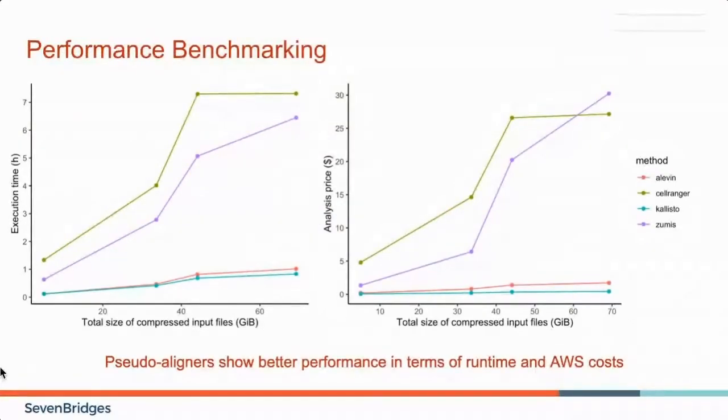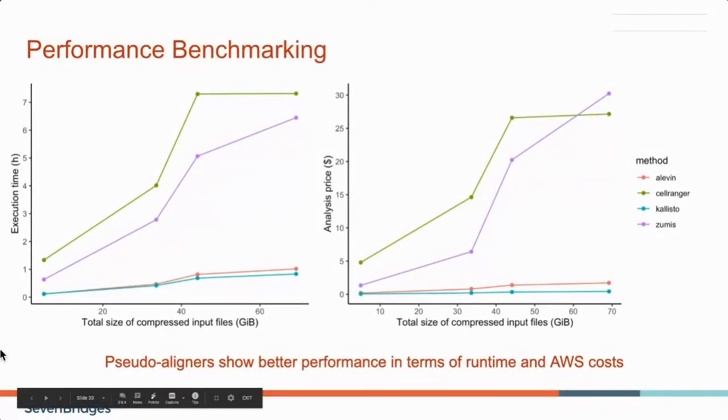Okay, so we did performance benchmarking to compare the execution runtime and AWS costs of 4 single-cell processing tools on 10x Genomics datasets. So left plot represents the relation between total size of 10x dataset and execution time on Seven Bridges platform. And on the right plot, you can see the relation between the dataset size and AWS costs.